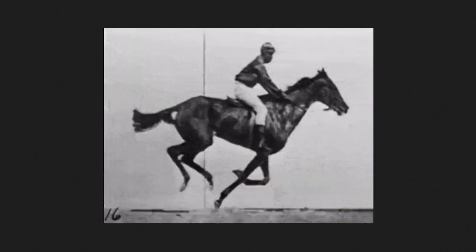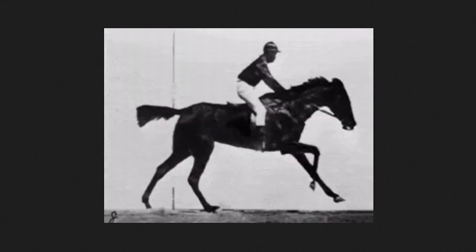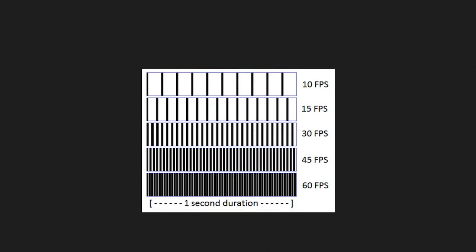And so if I go here to this image, you will see that this represents something called frames per second, FPS. Very important concept. It's kind of the equivalent of pixels in Photoshop. The more pixels you have in an image, the higher the quality, the more detail it's going to hold.